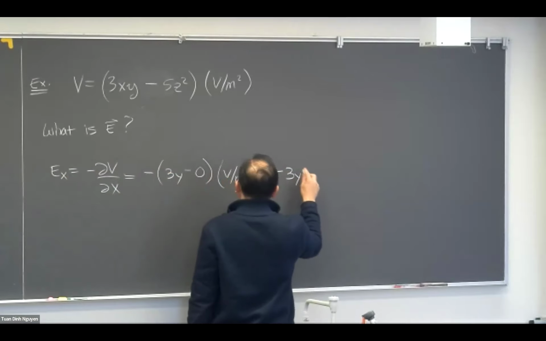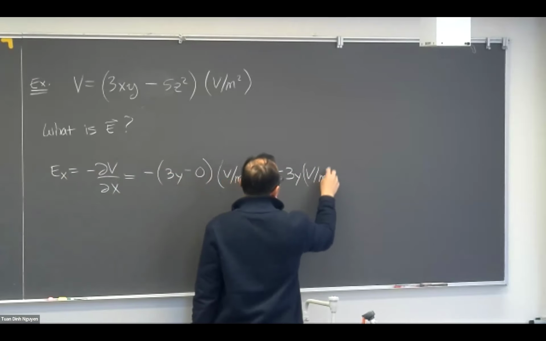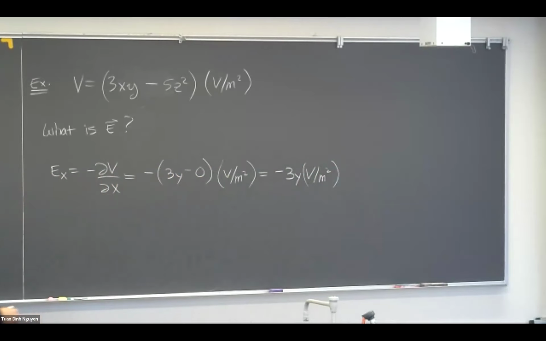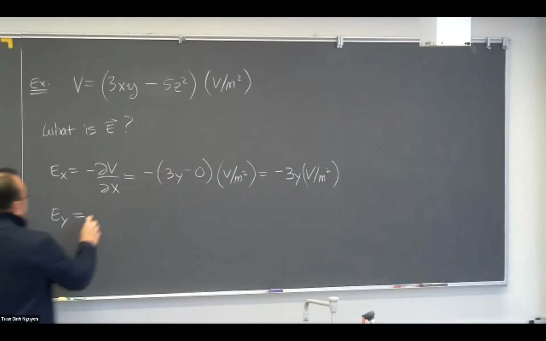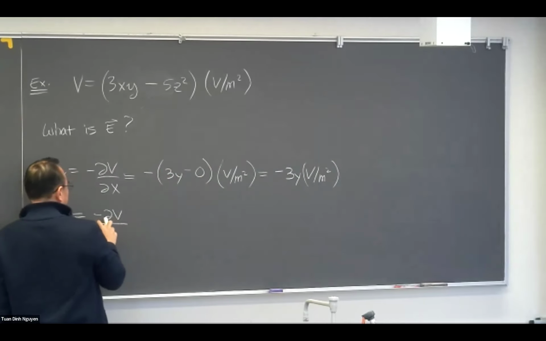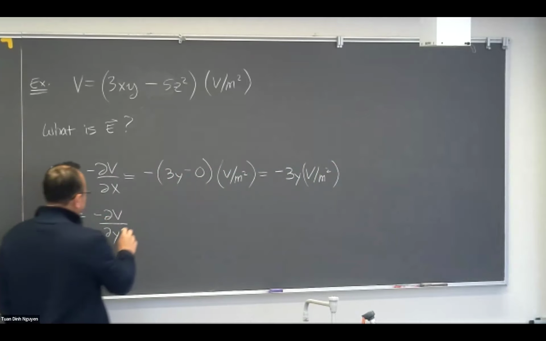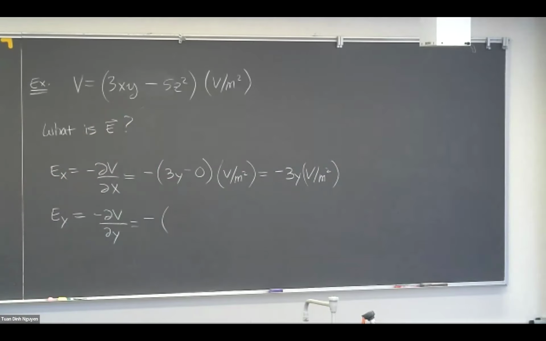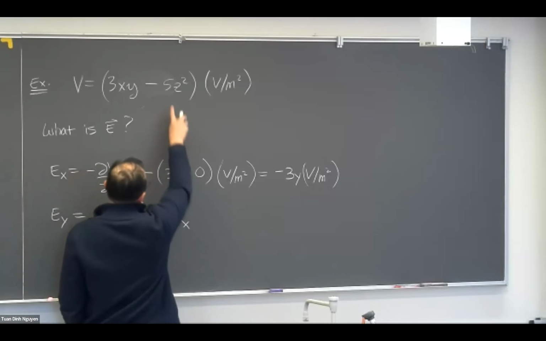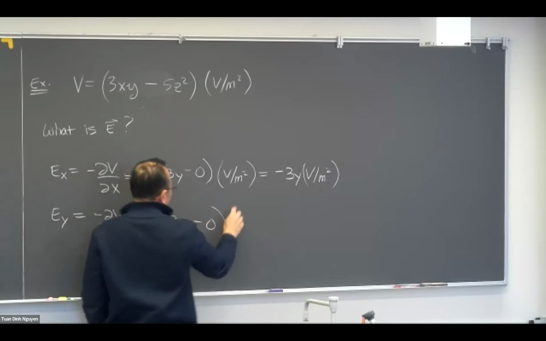Minus 3y. And Ey would be, you take the derivative of the potential with respect to y. What's the derivative of this with respect to y? 3x. And then this is going to be 0.